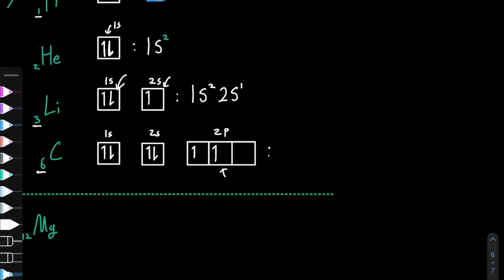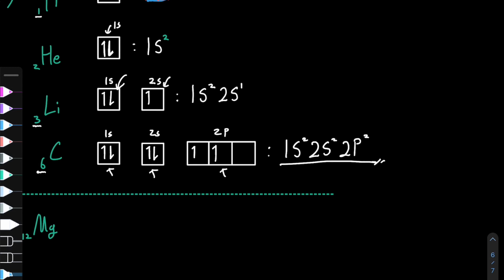So when we write this into notation, there will be 2 electrons in 1s, as we can see here. There will be once again 2 electrons in 2s, and there would be 2 electrons in 2p as well. So this would be how we denote this.